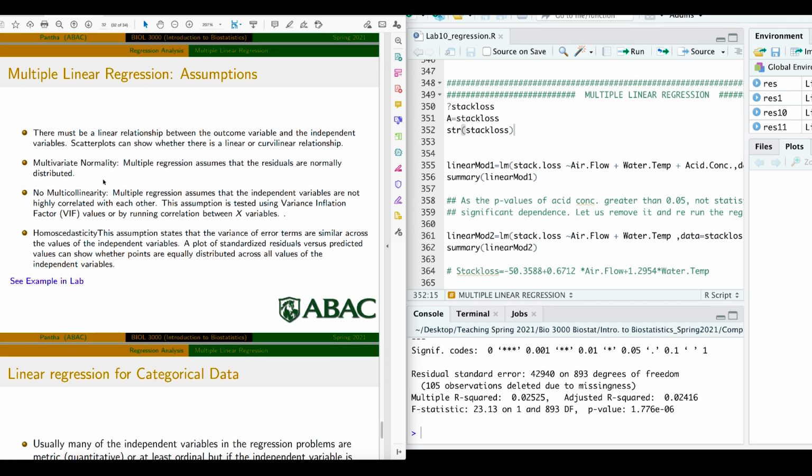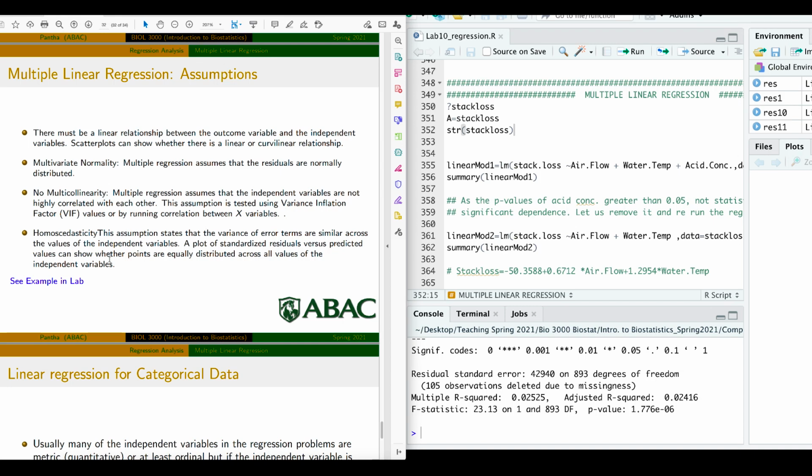Next is no multicollinearity. Multiple regression assumes that the independent variables are not highly correlated with each other. This assumption can be tested using variance inflation factor (VIF) values or by running correlations between two variables.